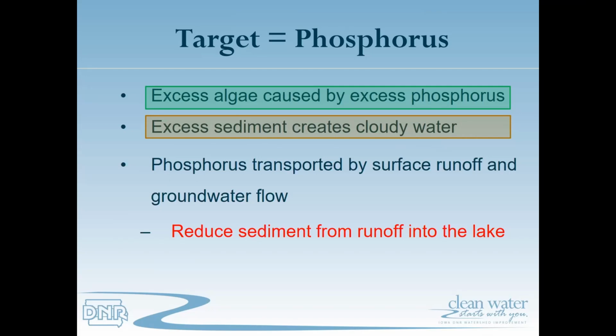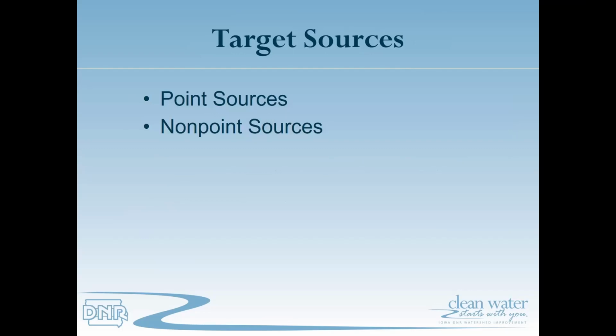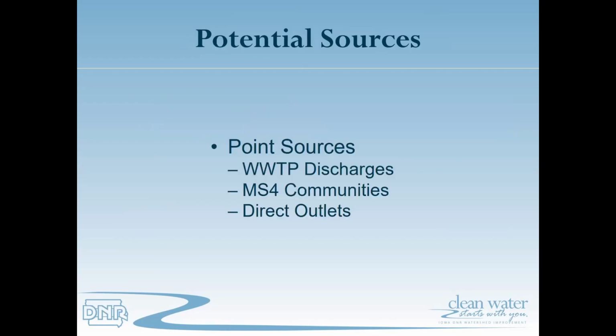So we've talked about our target. Now we'll talk about our sources of where that phosphorus may be coming from. Jeff did talk about two main sources, point sources and non-point sources. Point sources are permitted discharges, something you can point to. Those may be wastewater treatment plants or different communities that are allowed to discharge at any certain time.